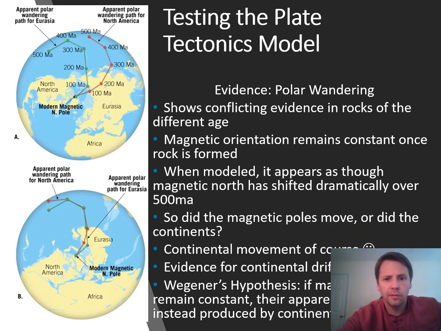All right, so then there's this idea of polar wandering, right? If we accept the idea that rocks are magnetic, and that as rocks are formed they're pointing to magnetic north, well, if we hold that to be true, then we work backwards, right?